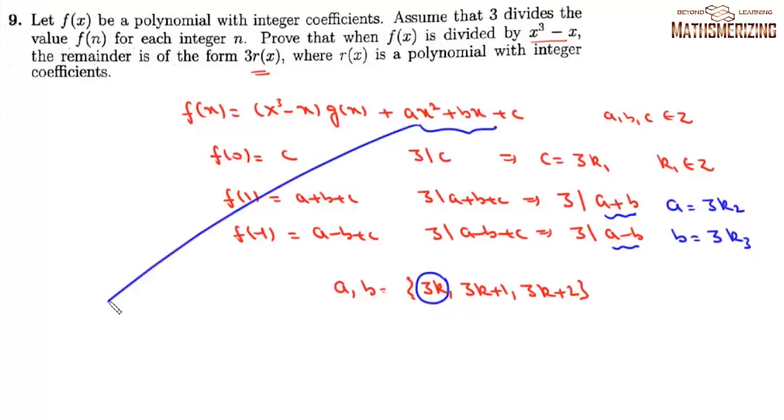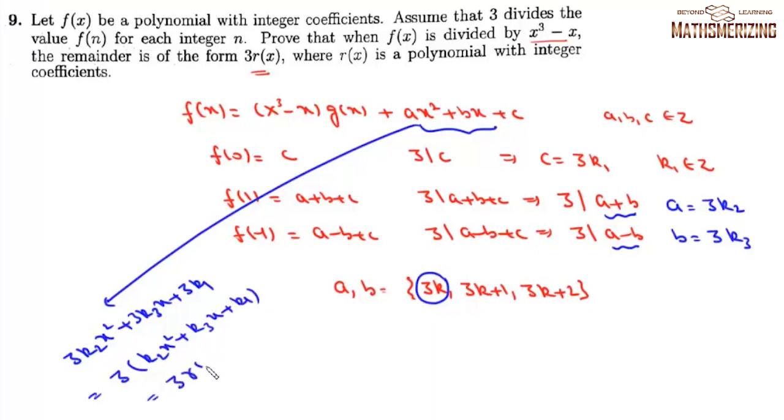So this remainder will be of the form 3k2 x square plus 3k3 x plus 3k1, or if we take 3 common, it will be 3(k2 x square plus k3 x plus k1), which is of the form 3r(x), where k1, k2, k3 are integers. So we have proved that when f(x) is divided by x cube minus x, its remainder is of the form 3r(x), where r(x) is a polynomial with integer coefficients.